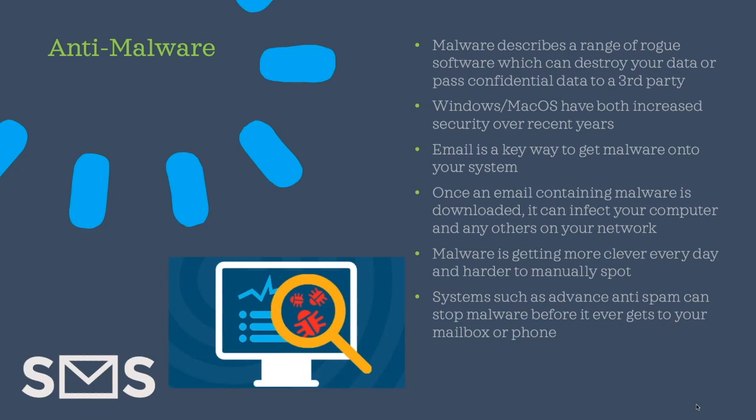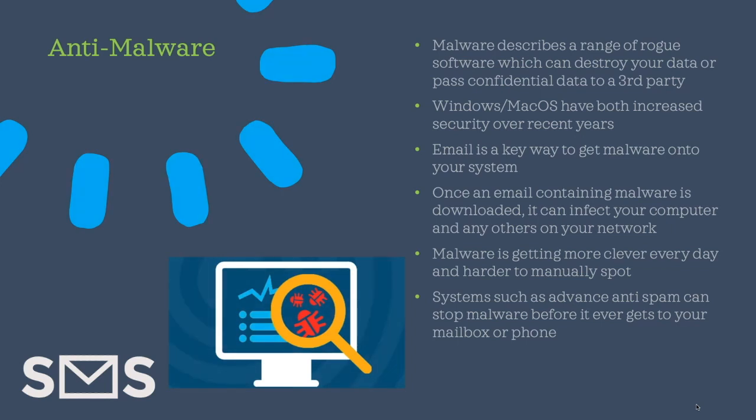So basically, malware is just a name for a range of rogue software, and this can be anything from viruses or compromising files that you may get by email, like an executable file, for example. And it can even be things like ransomware, which can hold your files to ransom, which we'll talk about shortly.